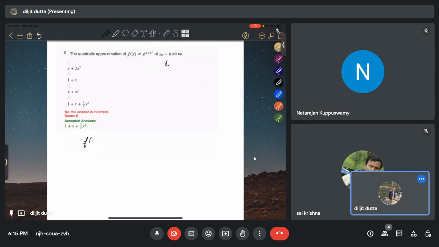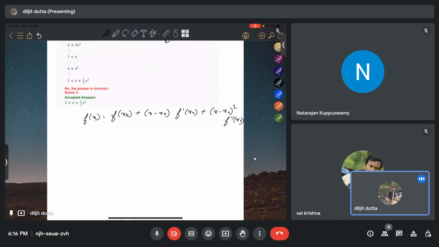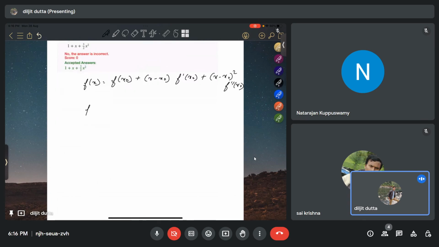So we'll write f of x in terms of f of x naught. Now to calculate f dash and f double dash, we'll write the formulation of the first derivative and the second derivative.